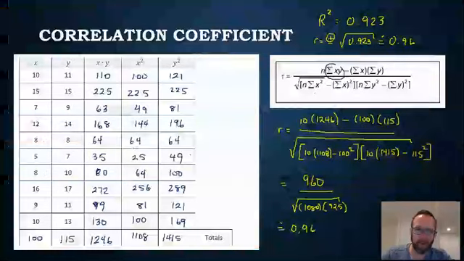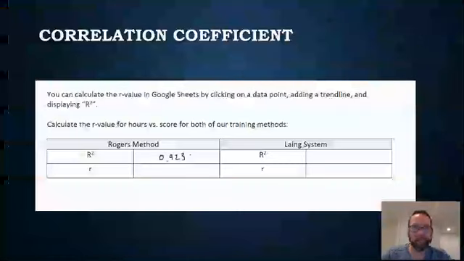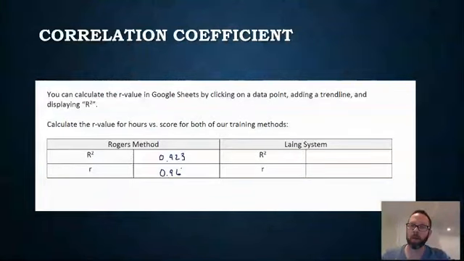Where's my PowerPoint? There I am. Great. And then the R value we already did was 0.96, and we knew it was positive. So, very strong positive correlation for the Roger's method, which is what we want, right? We want to know that if we train our dog with this program, the more hours we put in, the better the score is going to be.